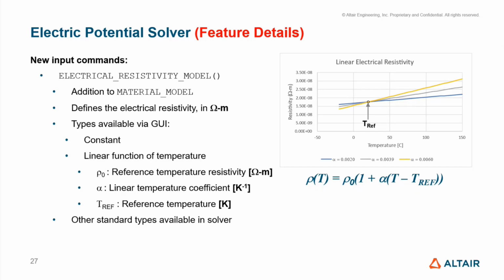Defining the resistivity as a function of temperature is the recommended method for improved accuracy. A reference temperature, a reference resistivity, and a linear temperature coefficient are required to define that relation. And the plot at the right here shows three linear temperature relations that vary by temperature coefficient.